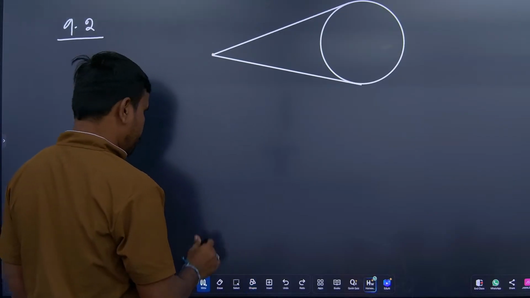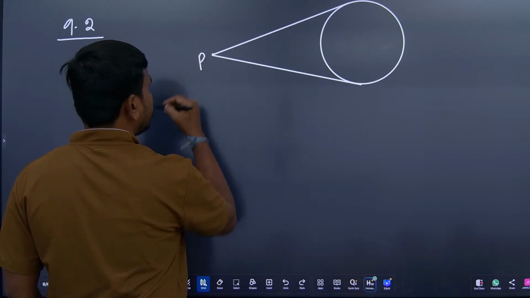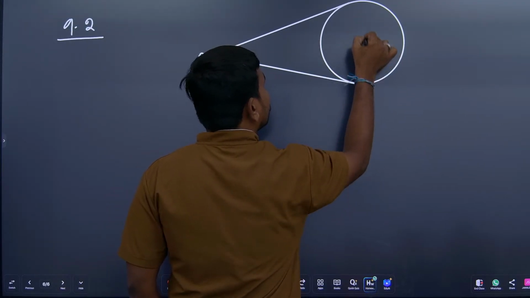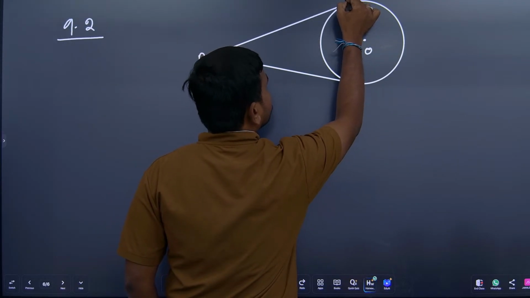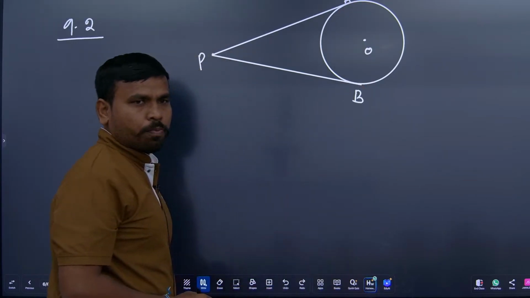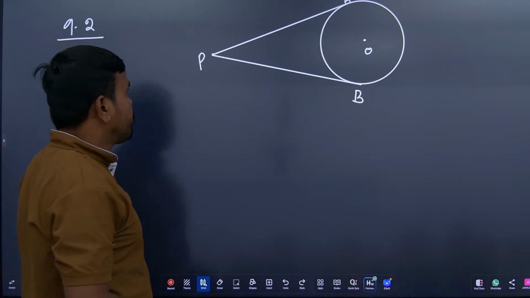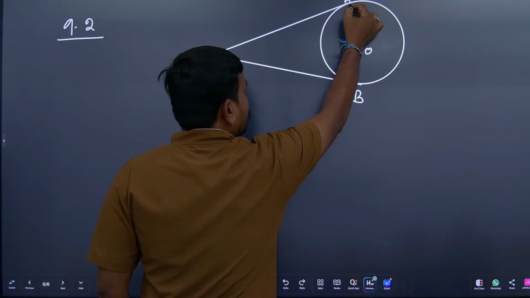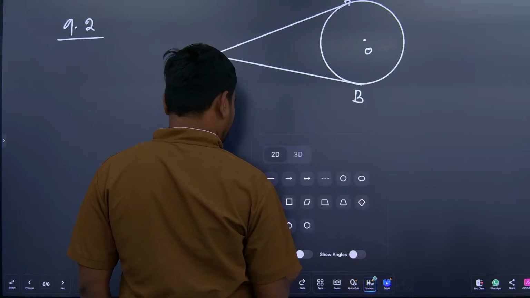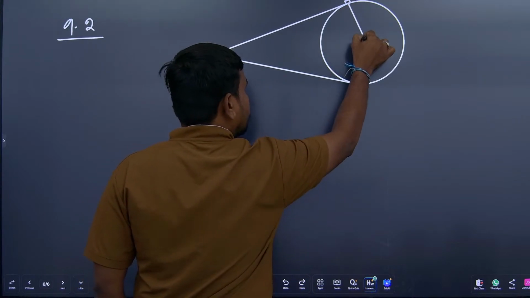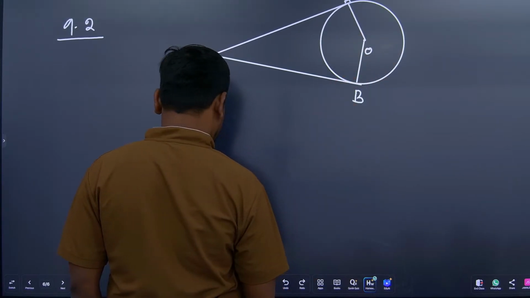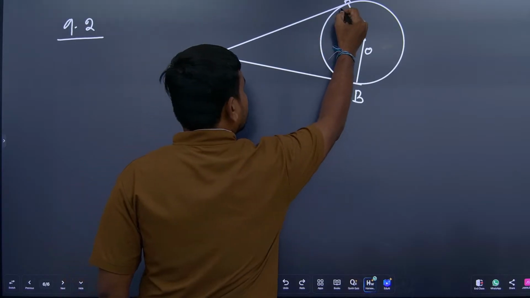Let the external point be P, this is the center O, this is point of contact A, and point of contact B. Two points of contact A and B. We know that the angle between radius and tangent is 90 degrees.